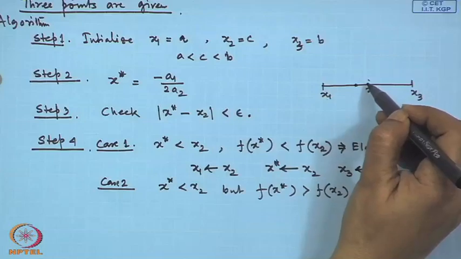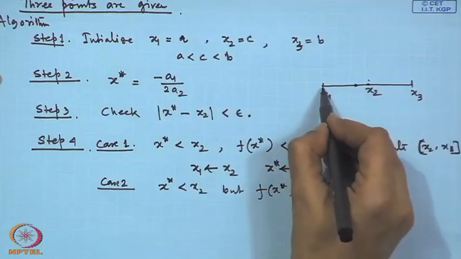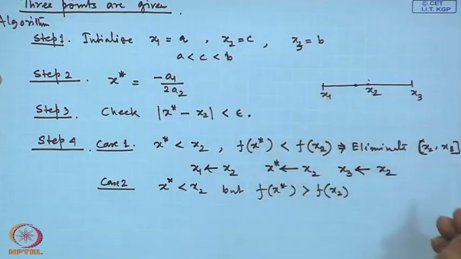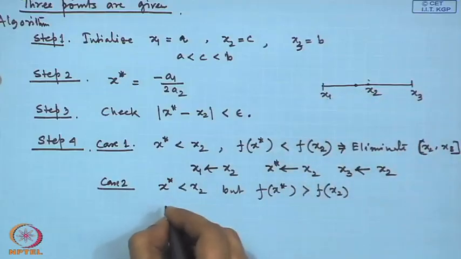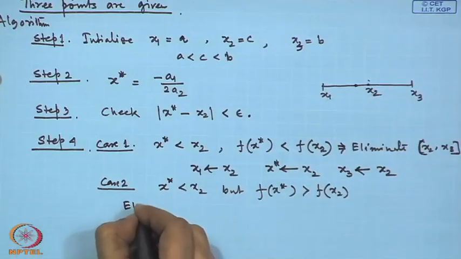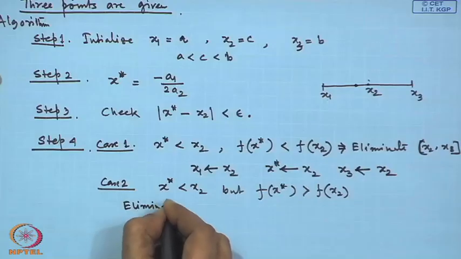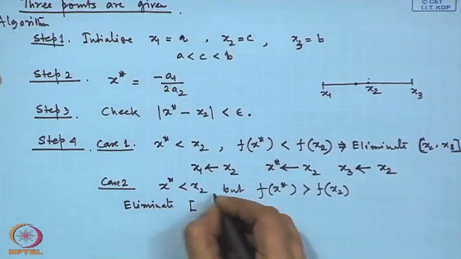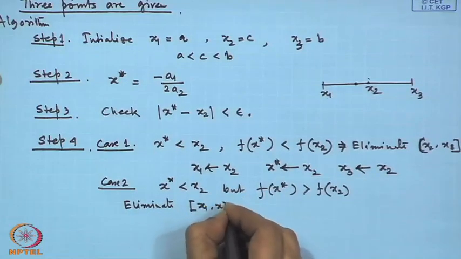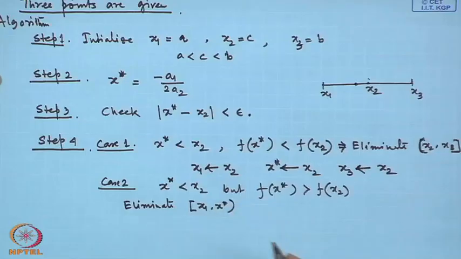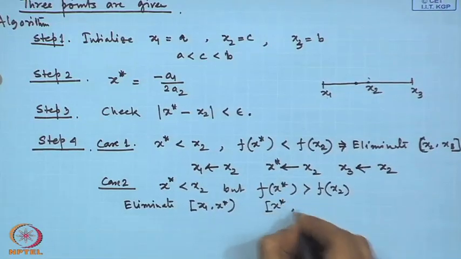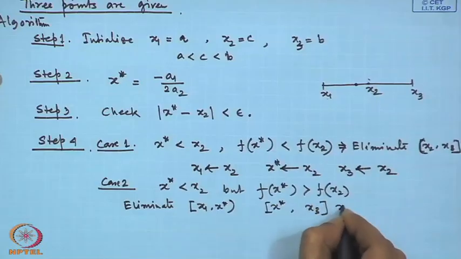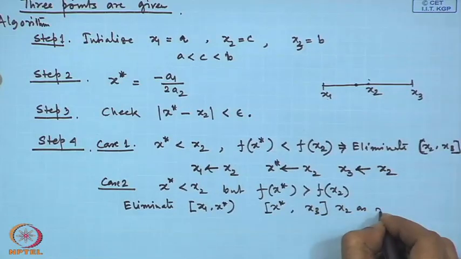That means the minimum value cannot lie within this interval, that is x1 to x star. Thus, what we will do? We will eliminate x1 to x star, and we will declare the new interval from x star to x3, considering x2 as the midpoint in between.